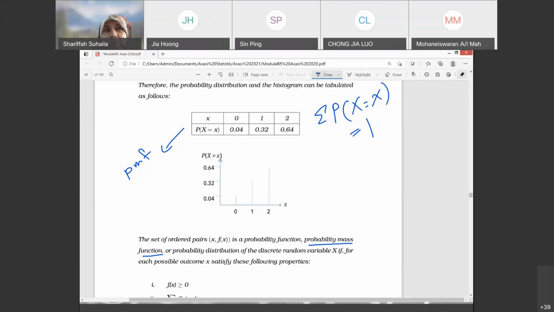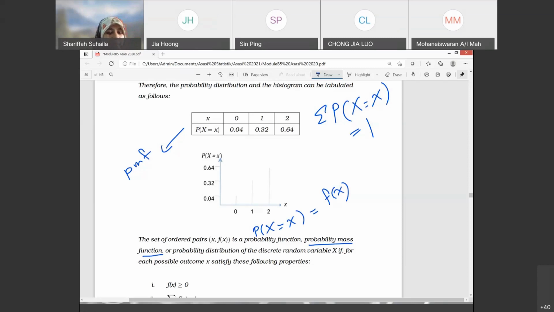So if we have a probability mass function, that is the probability function. You can write either probability x equals x or small f of x. So the probability mass function is the probability function for a discrete random variable.